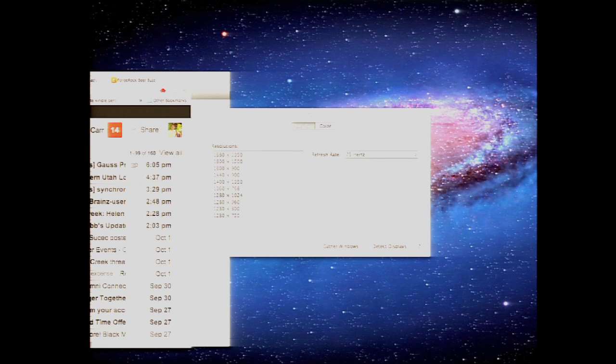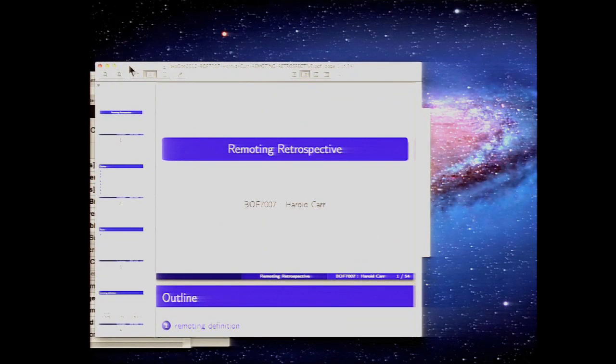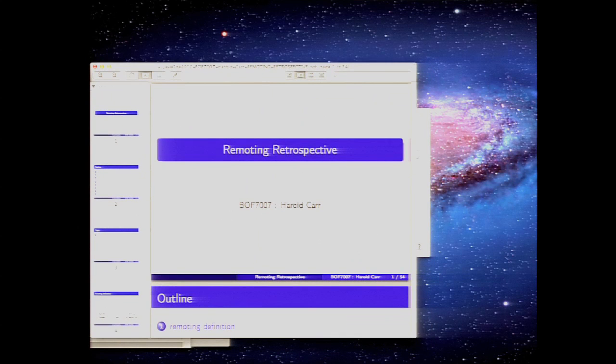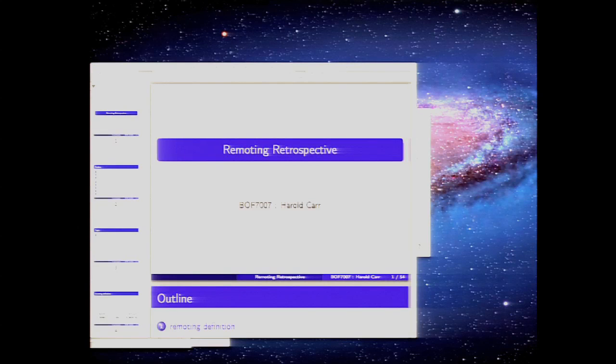Okay, let's see if I can scoot this over. So okay, I'm going to fake it. I do not know why this thing, oh man, I lost it. Where is it? Show windows. Man, this really sucks.